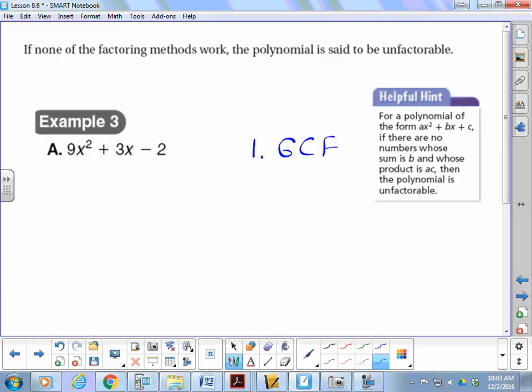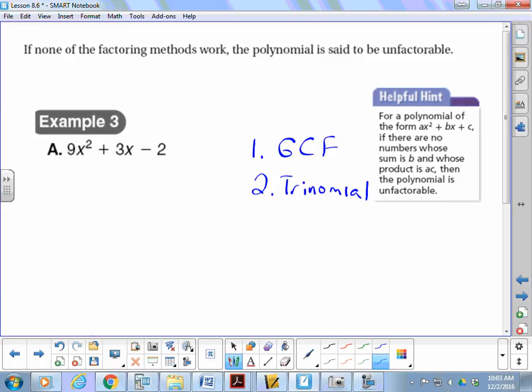All right. 2 does not go into 3 or 9, so no, we don't. So it's a trinomial. So we look to see, is it a perfect square trinomial? Well, 9x squared is a perfect square, but 2 is not. So it's not a perfect square trinomial.